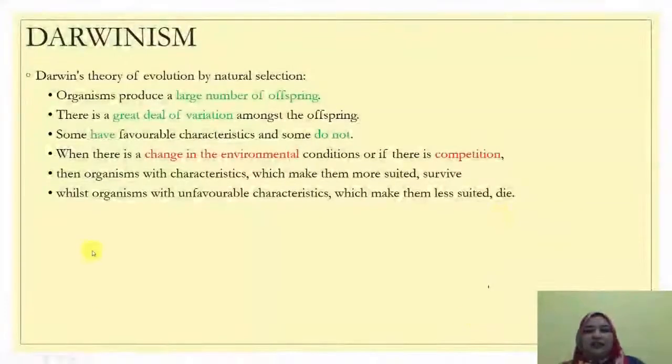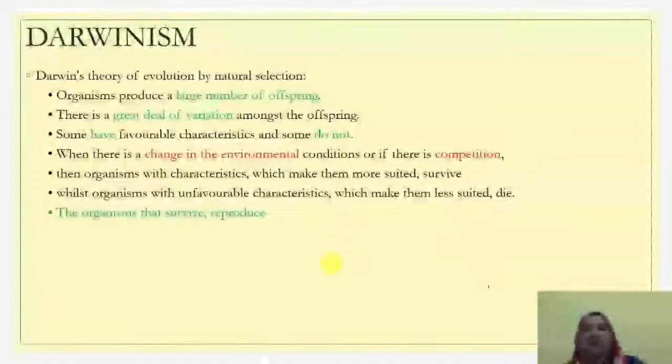So those that cannot will die, and the organisms that survive will reproduce and therefore pass on the favorable trait or the favorable characteristic onto their offspring.